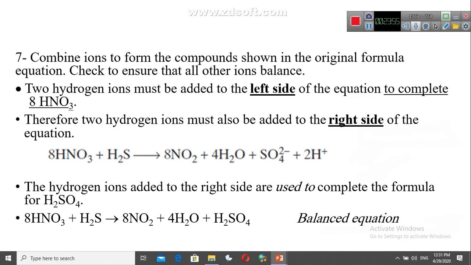There is no problem if we write HNO3 before H2S, although in the original equation we write H2S before HNO3, it is the same thing. Pay attention to this point, dear students.